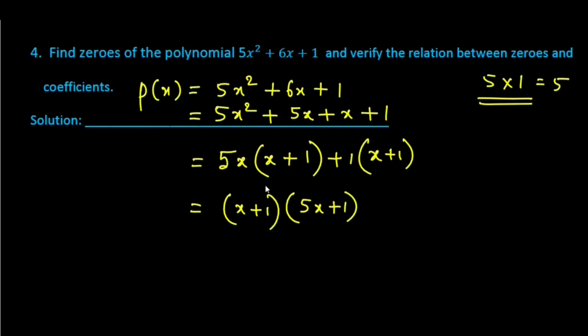By equating this to 0, we get the zeros. So zeros are alpha is equal to minus 1, from equating this one to 0, we get x is equal to minus 1. So alpha is minus 1 and beta, by equating this one to 0, we get minus 1 by 5.